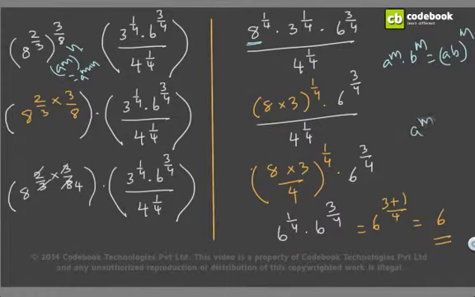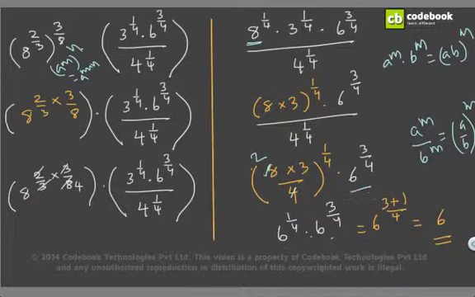So a power m by b power m is equal to a by b whole power m. So applying that expression, you will end up with 8 multiplied by 3 by 4 whole power 1 by 4. Simplifying this, 4 ones are 4, 4 twos are 8, and 3 times 2 is 6. So 6 power 1 by 4 multiplied by 6 power 3 by 4.